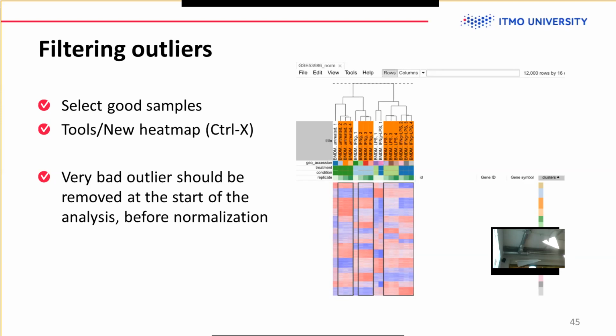In particular, the question is how many replicates do you want to have? In this case, this was a really nice experiment. We had 4 replicates. After we removed outliers, we still had 3 replicates that are very consistent with each other. So this is a great thing.